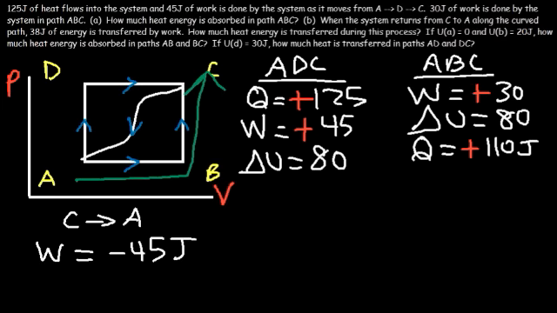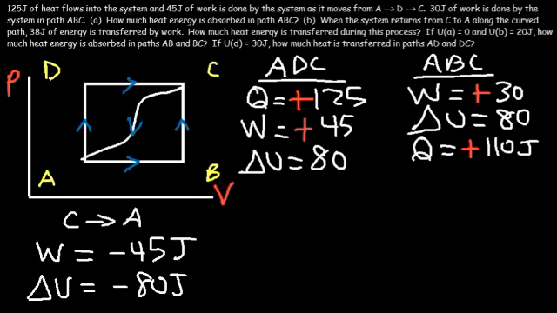Because the internal energy is a state function, it really doesn't matter the path that you take. As long as you get from A to C, it's positive 80. So going back from C to A, it's negative 80. It's also negative 80 if we take the curved path. The change in the internal energy of a system is independent of the path taken. So delta U going from C to A is going to be negative 80 instead of positive 80.